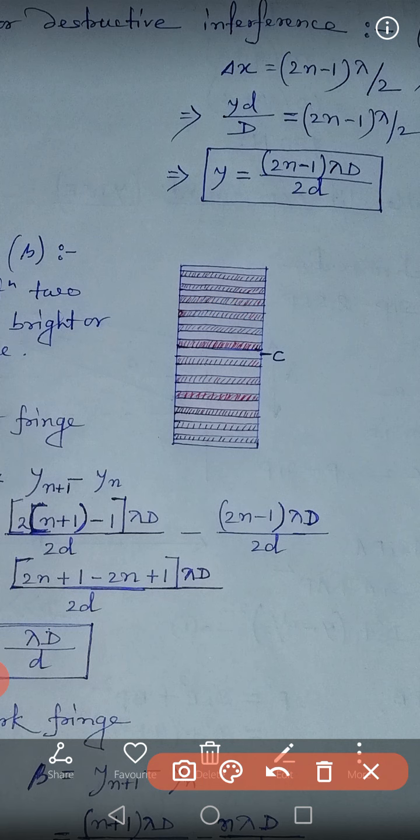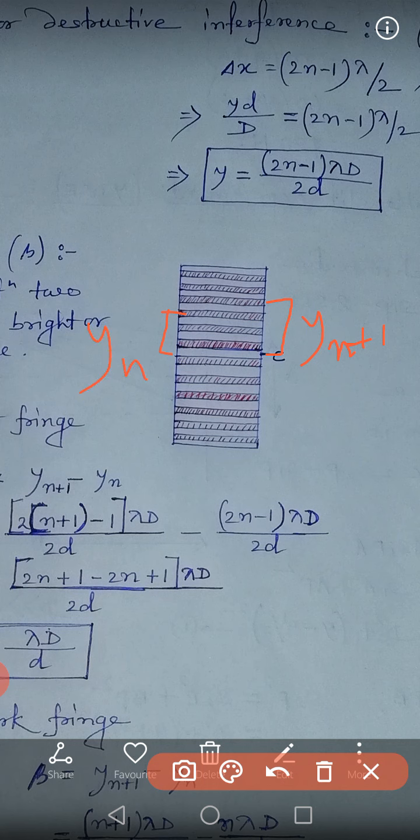Can we take the distance of this dark fringe from the center, which is suppose y n plus 1, the order is (n+1)th, and take the distance of the other dark fringe from C, suppose this is yn.